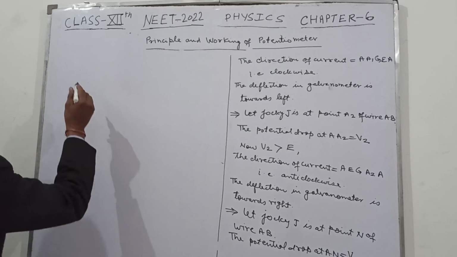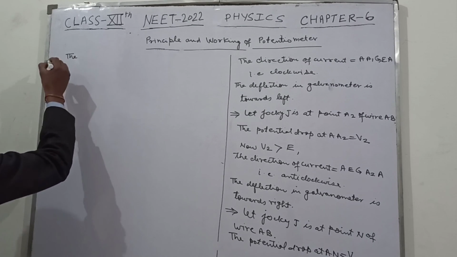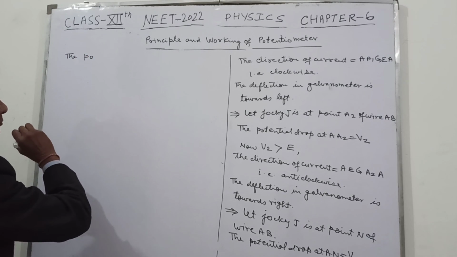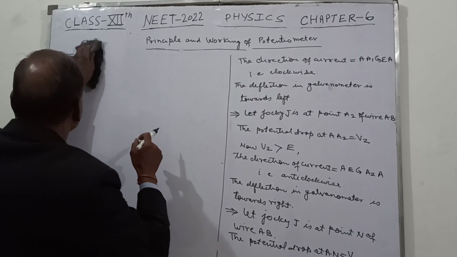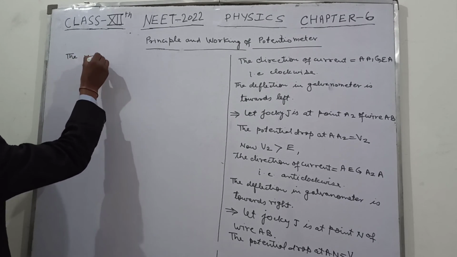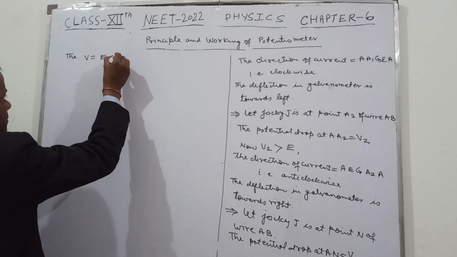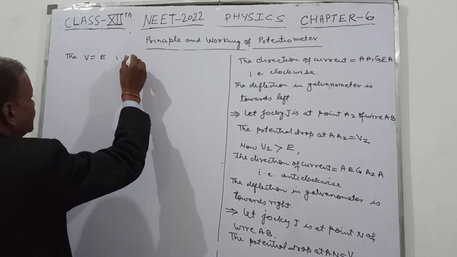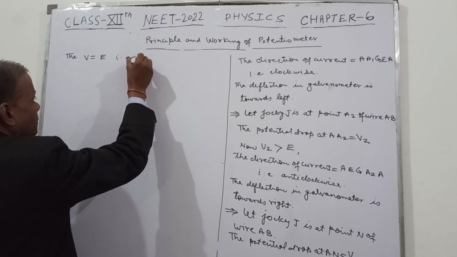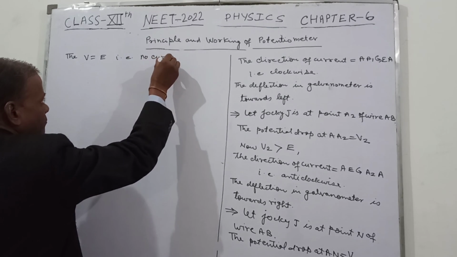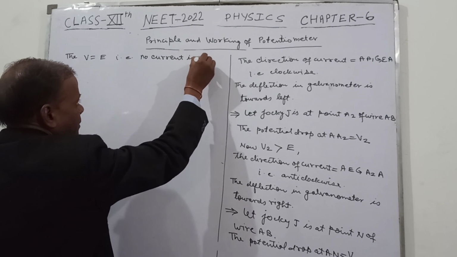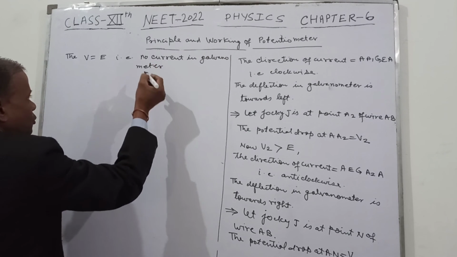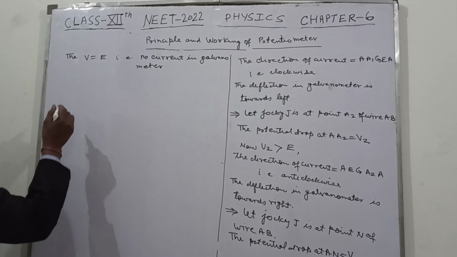The potential drop V is equal to E. It means that there is no current in the galvanometer, so it shows no deflection.